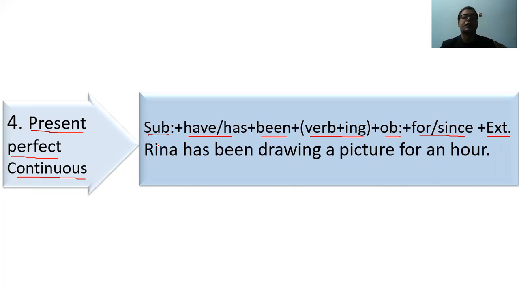Suppose Rina, subject here, third person singular number, you have to use here has, otherwise you have to use have. So Rina has been, base form of verb draw, you have to use here ing. Then you have to use an object, a picture, for a preposition and an hour.